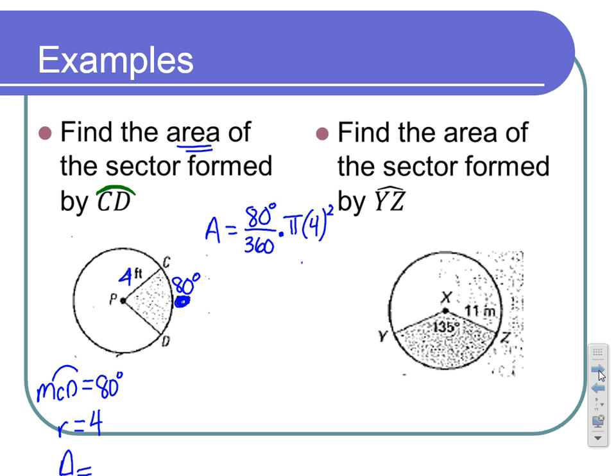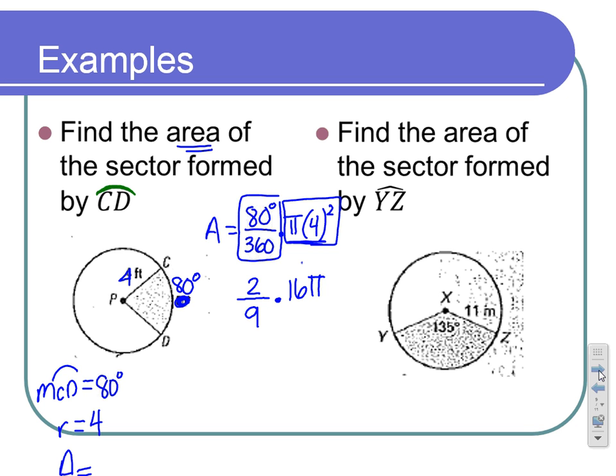I'm going to start off by reducing this fraction. 80 over 360 reduces to 2 over 9, times 16 pi. My area right here becomes 16 pi.